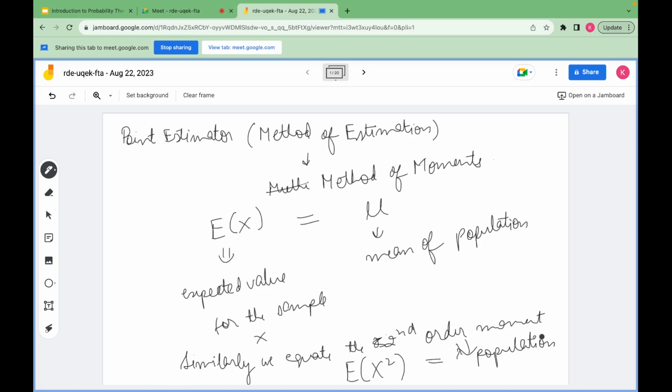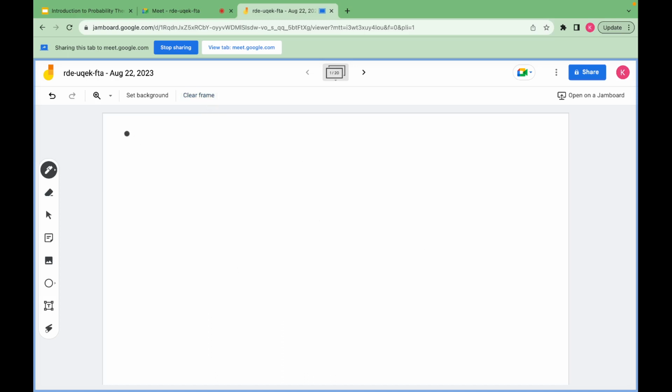Then the second method is the method of maximum likelihood. This is an interesting method.